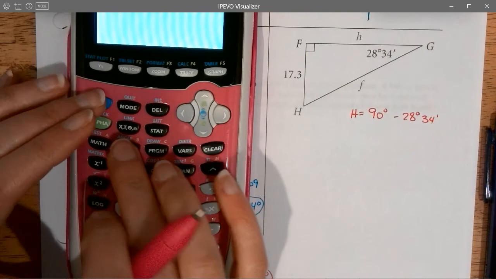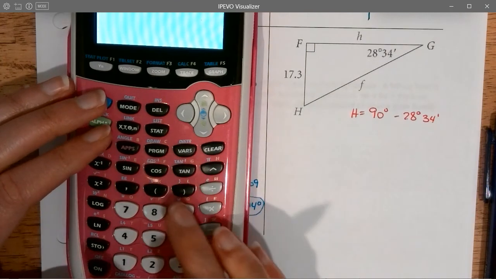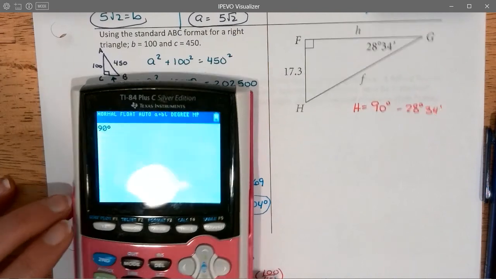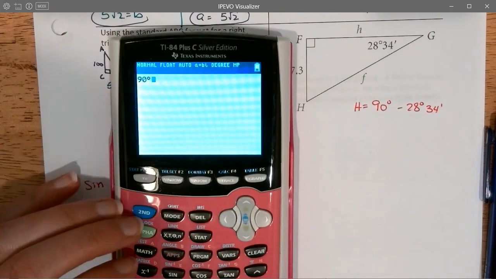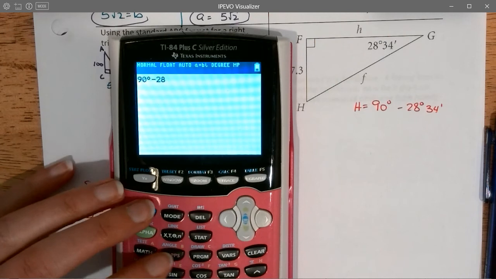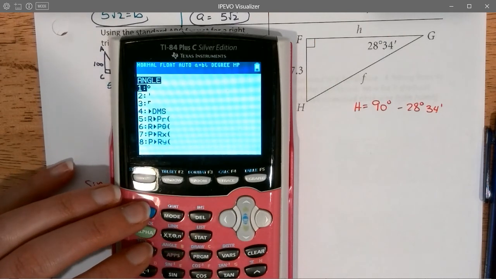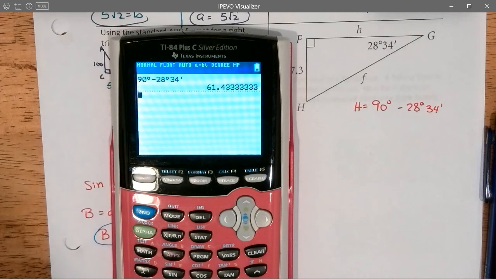So if I go into angle, I'm going to type 90 first, then go into angle. That is 90 degrees minus 28 angle degrees, 34 angle minutes. It should give me an answer back in DMS. Ooh, it didn't. That's okay.